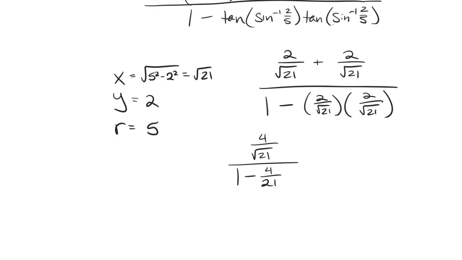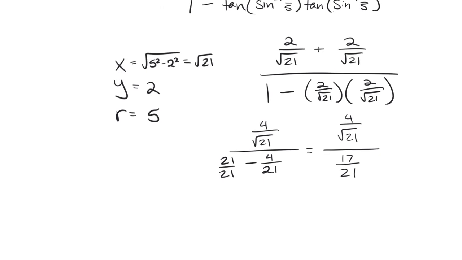To make this a little simpler, I'm going to change the number 1 into 21 over 21, so it has the same denominator. Leave the numerator, subtract the denominator: 21 minus 4 is 17. Fractions over fractions.